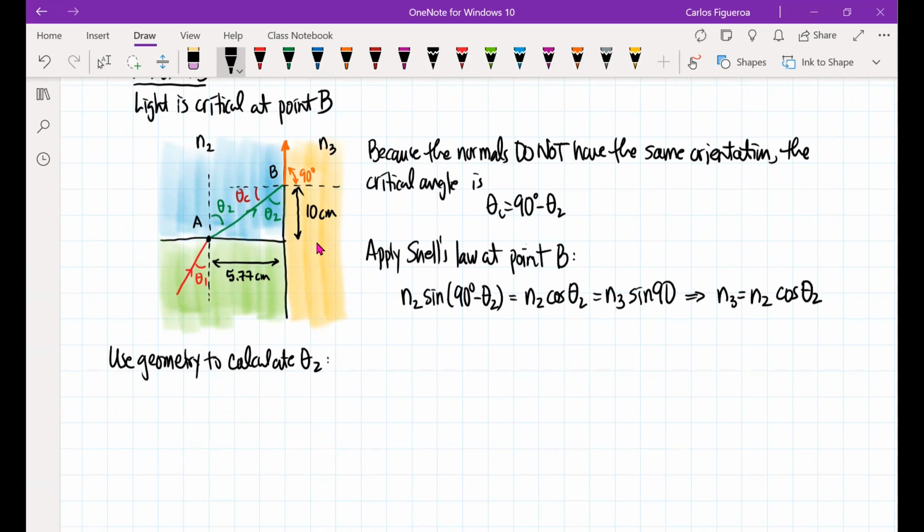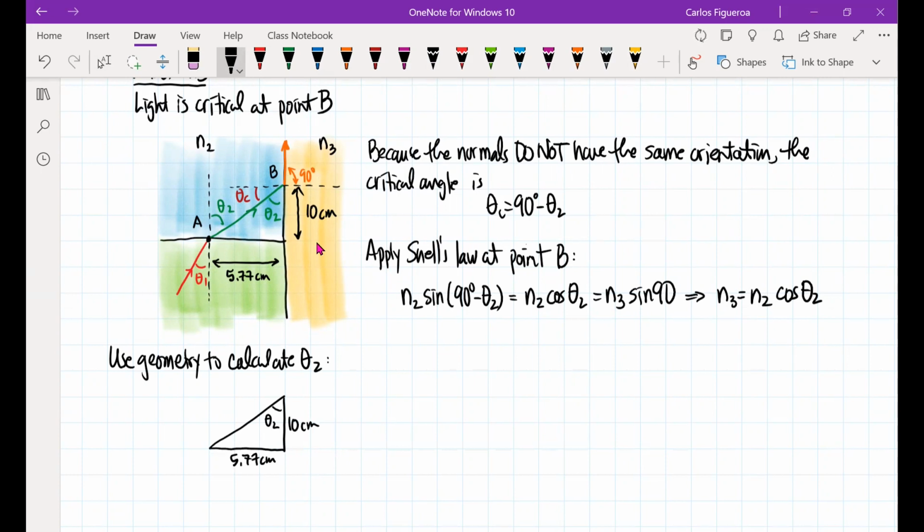And so what that means here is that I really have a triangle that does this, right? Here's my triangle. This is theta 2. I know this side, and I know this side.